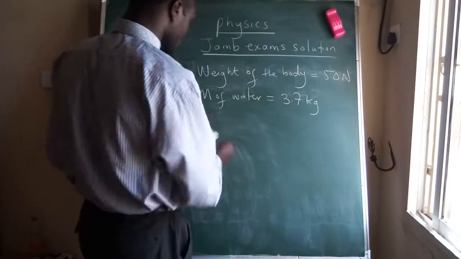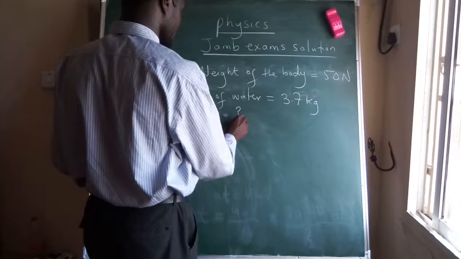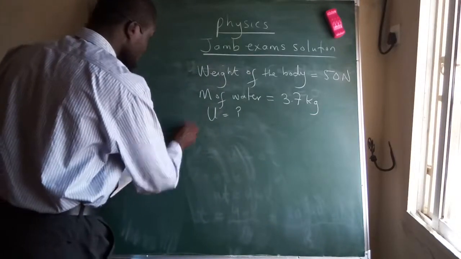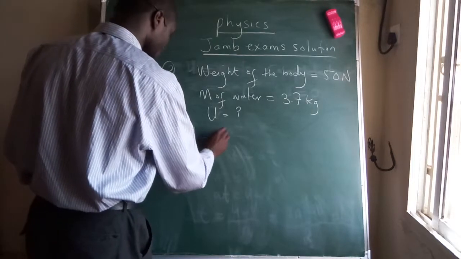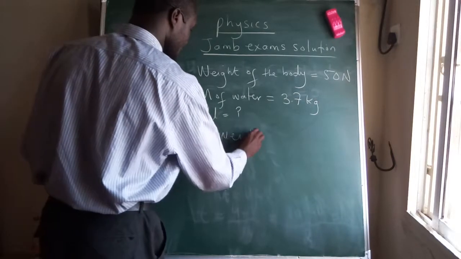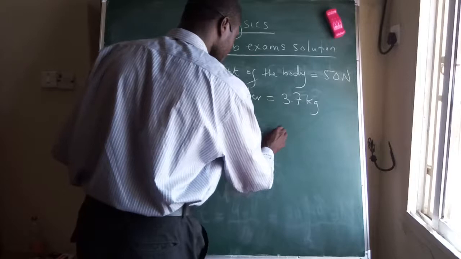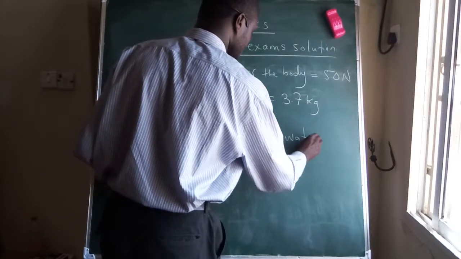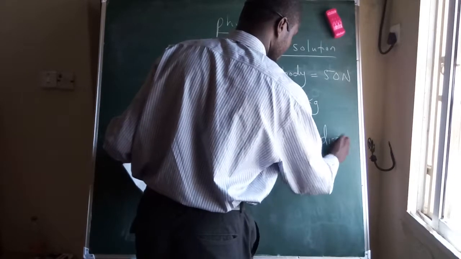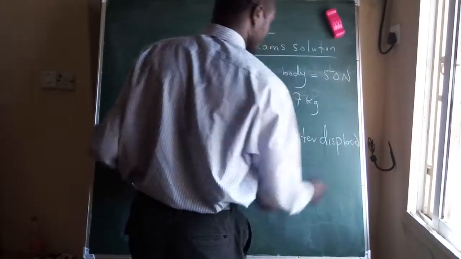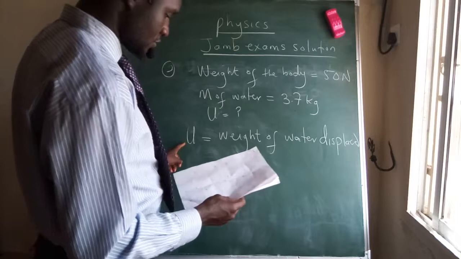So they say calculate the upthrust. We're looking for upthrust. Now the formula says upthrust is equal to the weight of the water displaced. So the weight of the water displaced is our upthrust.